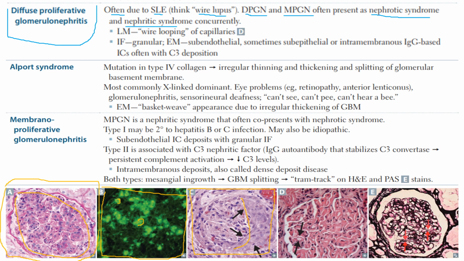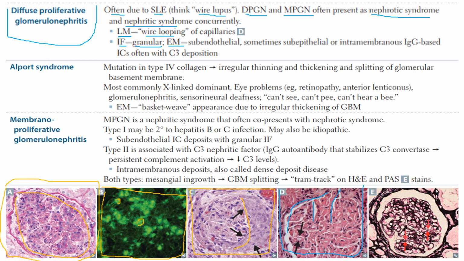On light microscopy, it looks like wide looping of capillaries, as you can see in this image. If you see such an appearance, it will be diffuse proliferative glomerulonephritis. On immunofluorescence, it looks granular.